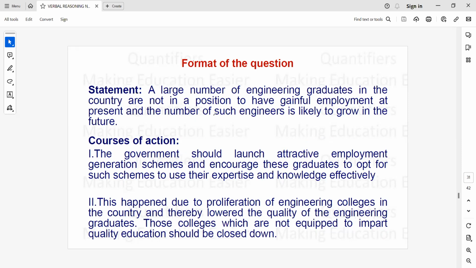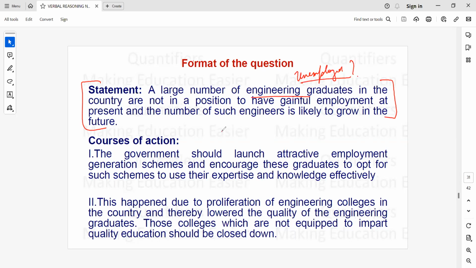Now, this is one superb question, and students often get into the trap of it because of their assumptions. When they read that, at one go you must have realized that the students are unemployed. So in one go of reading, the statement may come across to you as saying that the students are unemployed.